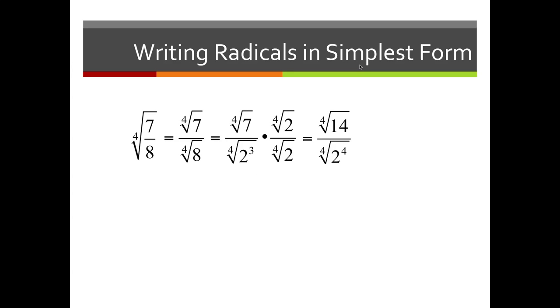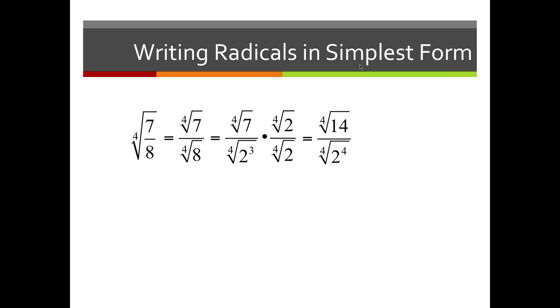So my denominator now becomes the 4th root of 2 to the 4th, and my numerator becomes the 4th root of 14, because the 7 times the 2 is just going to give me 14. Now remember, radicals in the numerator are not a problem. So I don't have to worry about the fact that I still have this fourth root of 14 in the numerator.